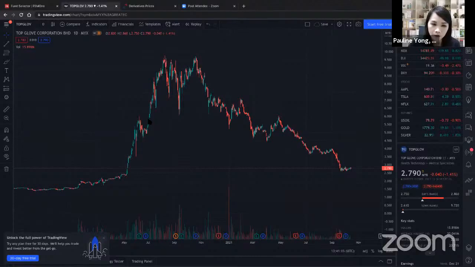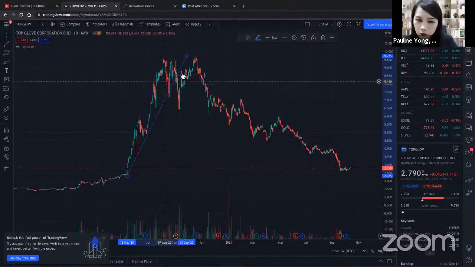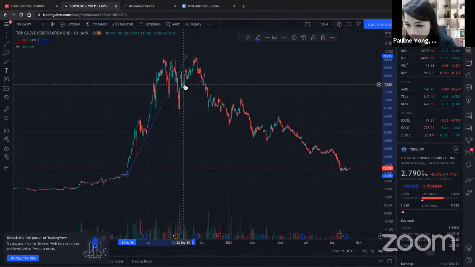I just follow the price trend. I just need to draw a trend line, and then I follow that trend, okay? I don't count the Fibonacci like 1.618. I just follow this trend. If it's finished, then that's it, finished, okay?